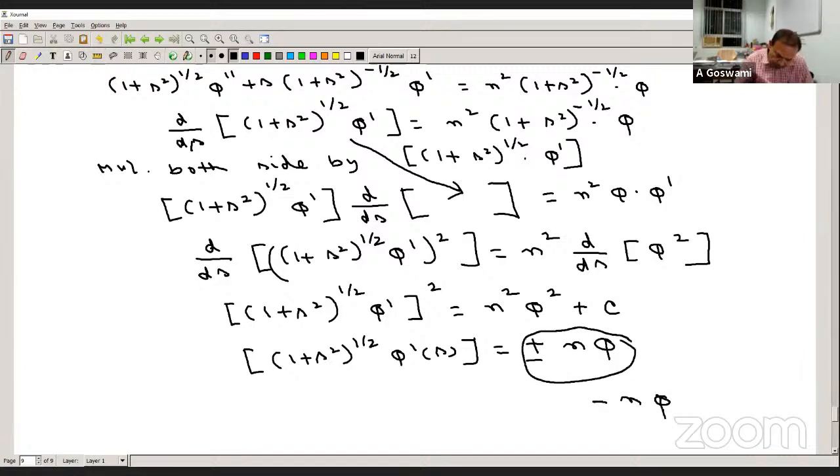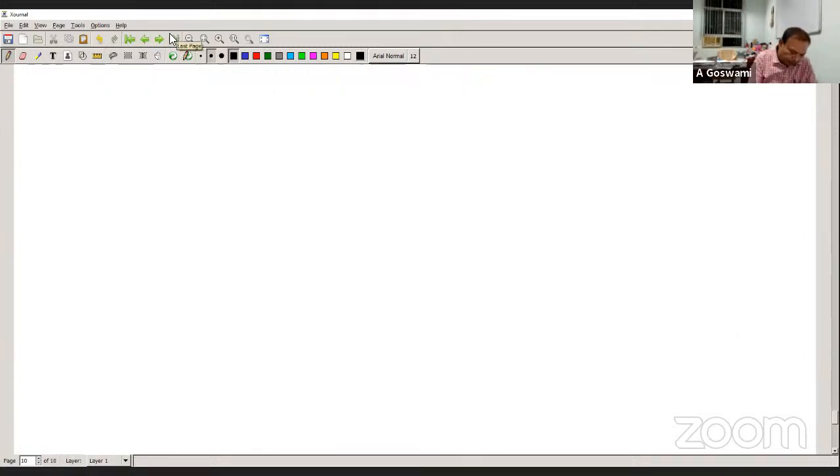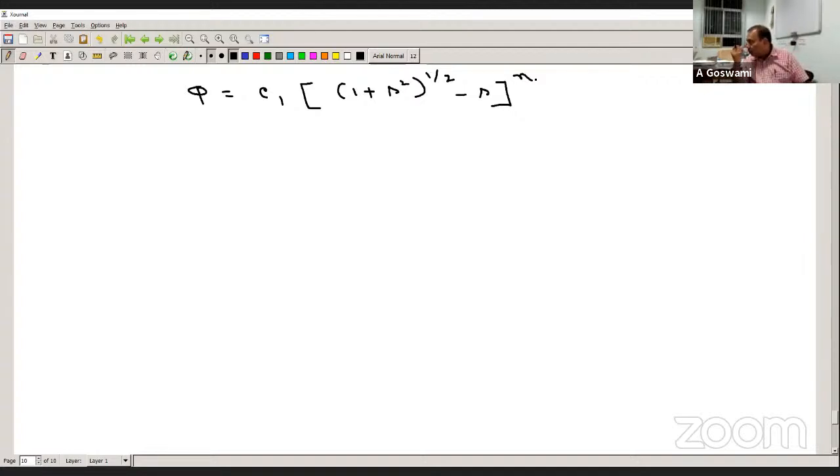If you take minus n φ and evaluate this particular equation, then you will obtain φ equals C1 into ((1 + s^2)^(1/2) - s)^n, where again C1 is a constant of integration. Any other question till now? No. Then we can continue.